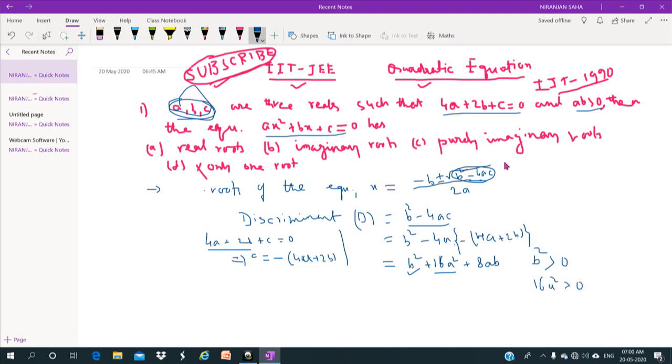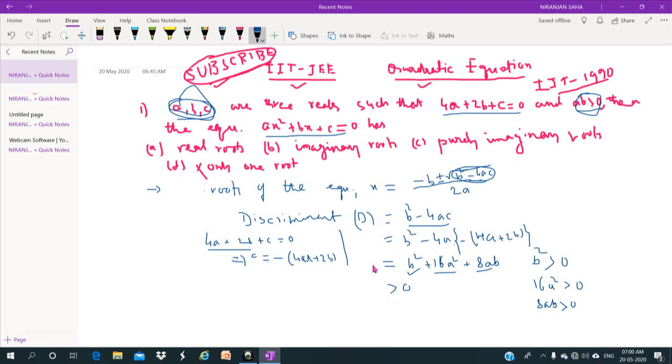And we have given ab greater than 0, so 8ab is also greater than 0.